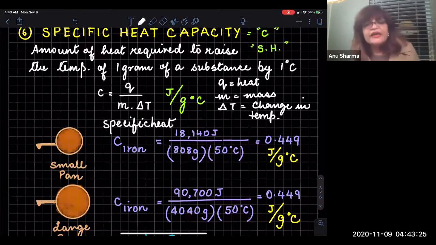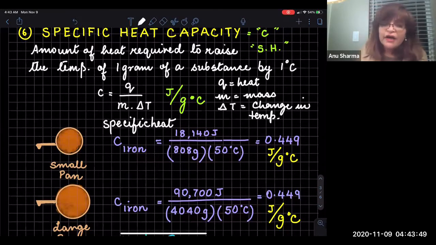Specific heat, in the case of the small pan, is the amount of heat absorbed, 18,140 joules, over the mass of the small pan, which is 808 grams, times the change in temperature. This comes out to be 0.449 joules per gram degree Celsius.